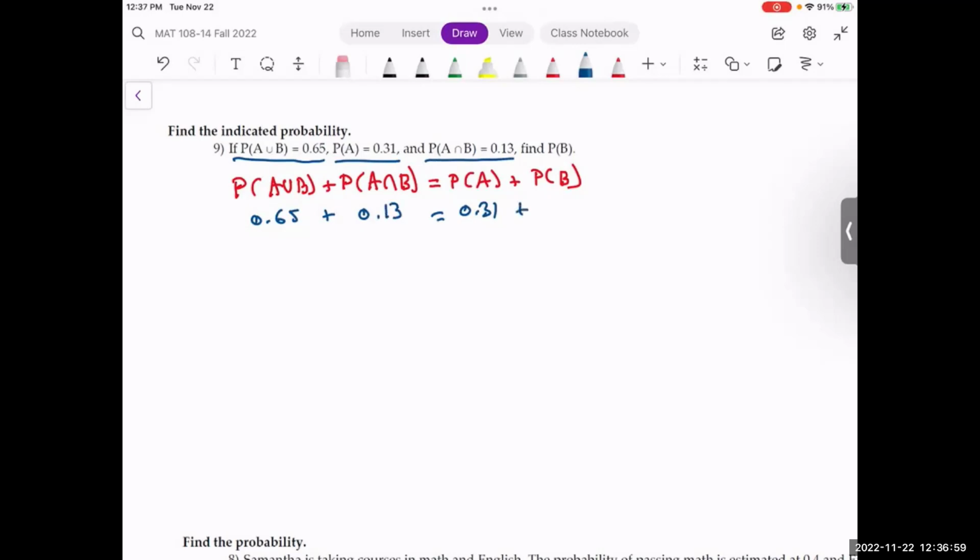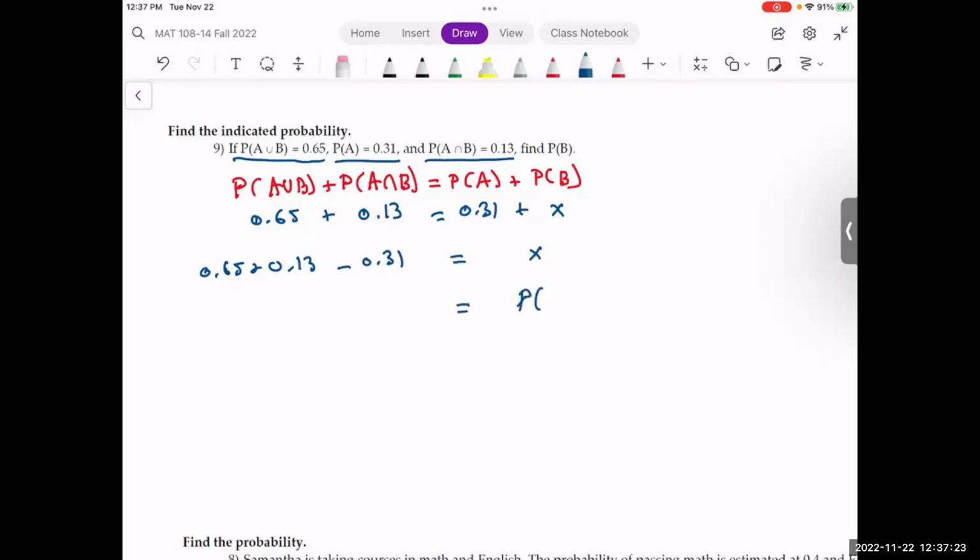And the one that you're missing, we'll call it X, and you solve for X. Simple enough. So for this case, if I'm looking for X, it's going to be 0.65 plus 0.13 minus 0.31.